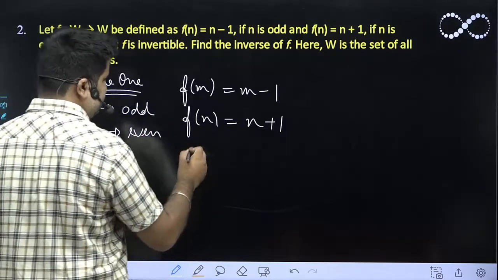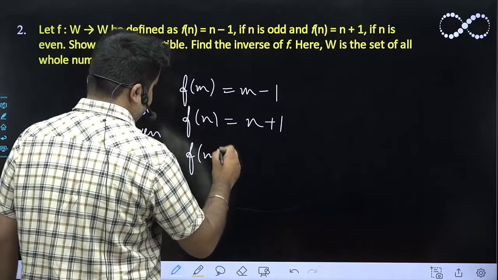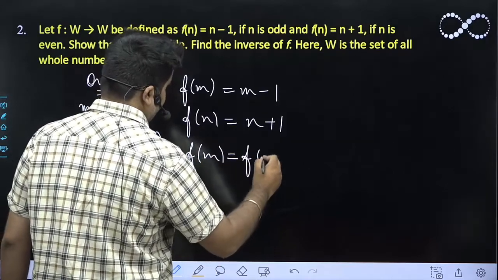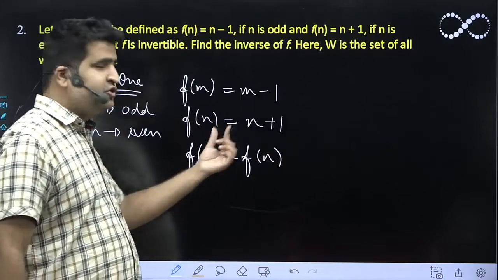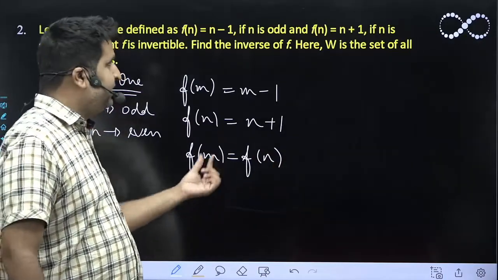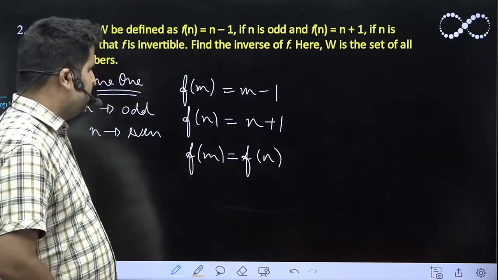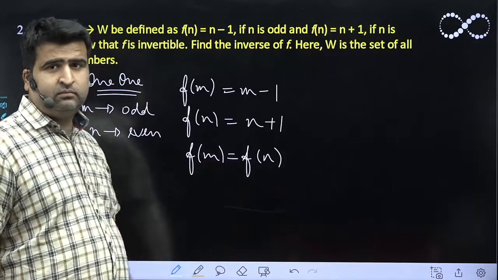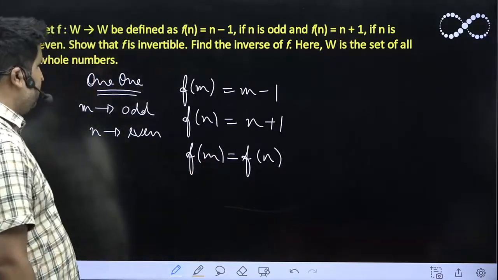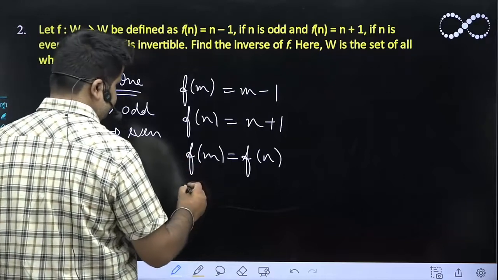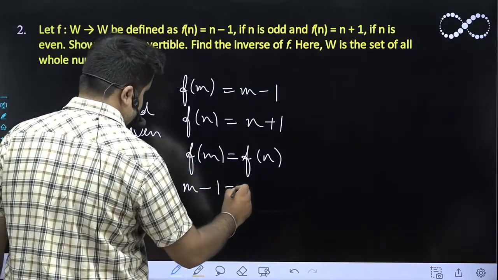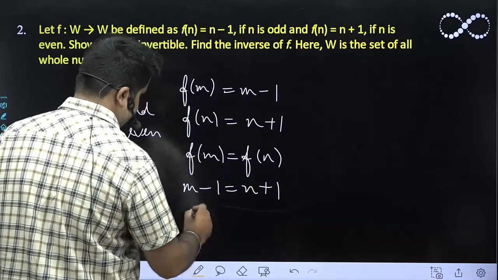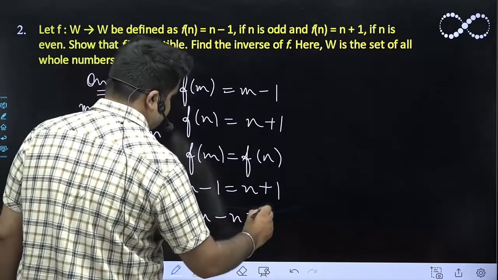Let's take a case where f(m) = f(n). Now what we need to find out is that m should be equal to n. Only in that case will this be an invertible function. So if you see here, you get m minus 1 = n plus 1, so m minus n = 2.